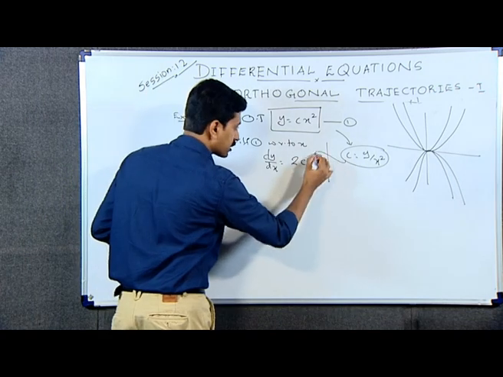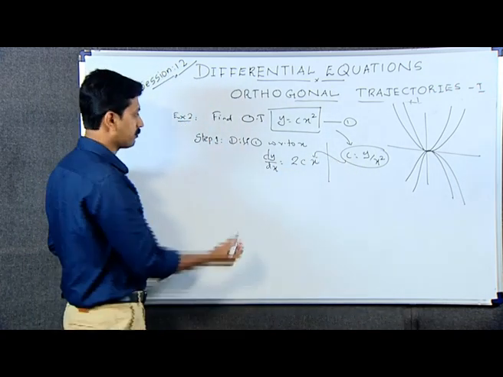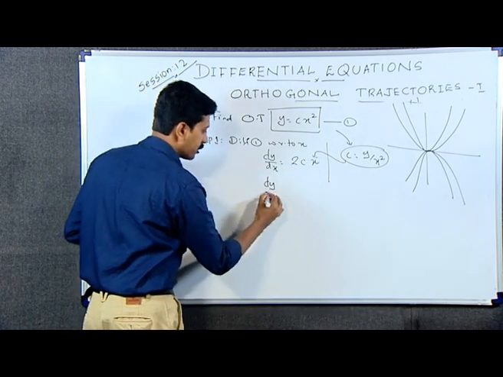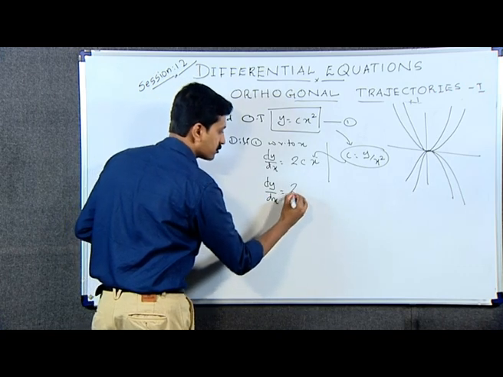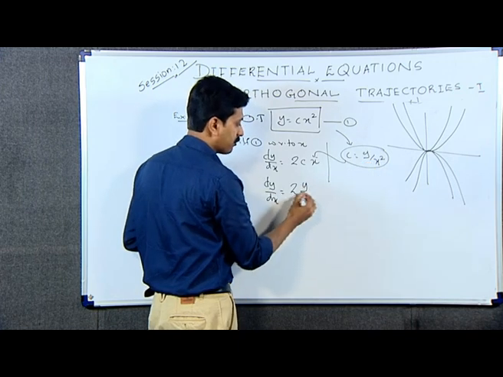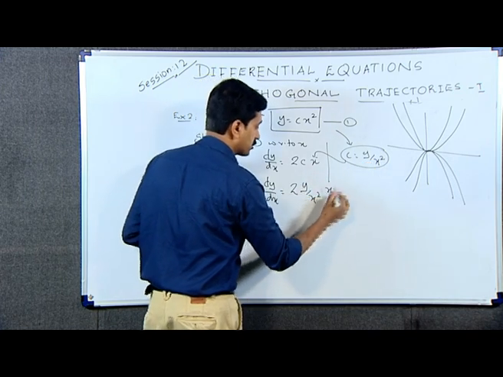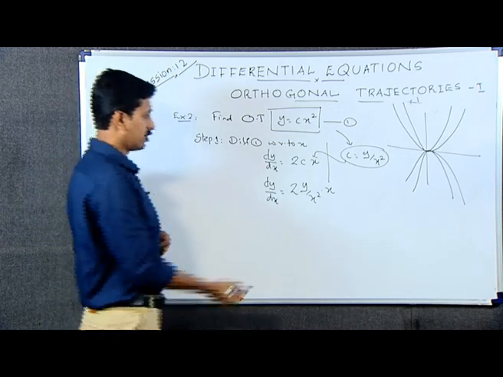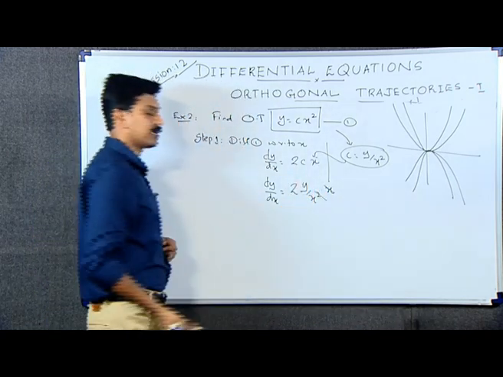I am replacing the value here. See what will happen: dy by dx is equal to 2, instead of c we replace y by x square, and x is there. So, we can remove one x from here.